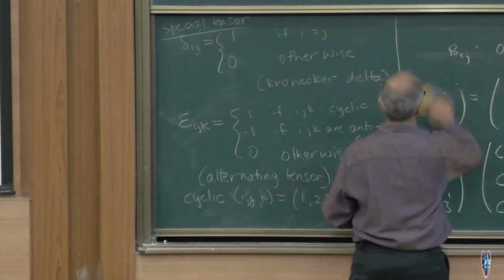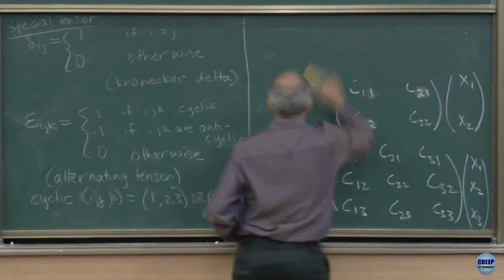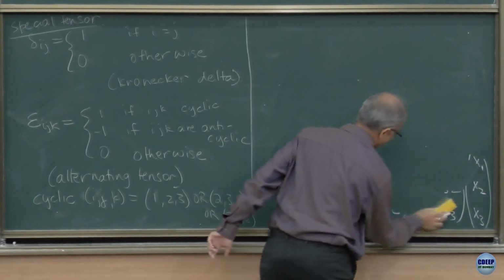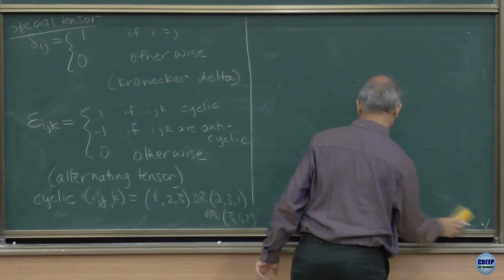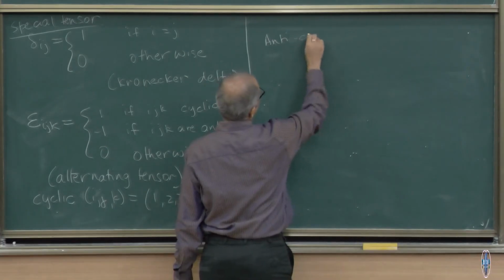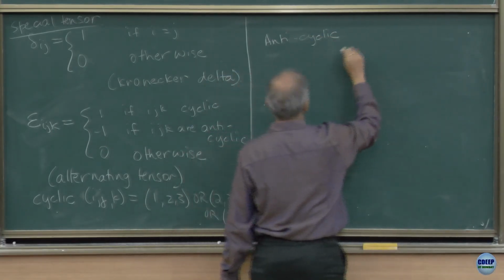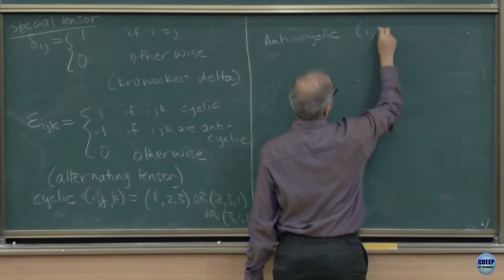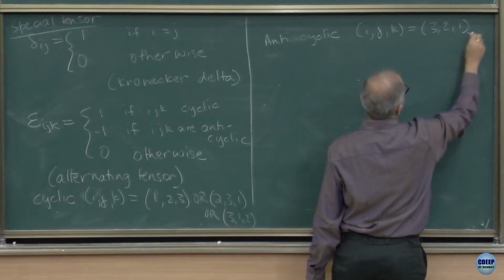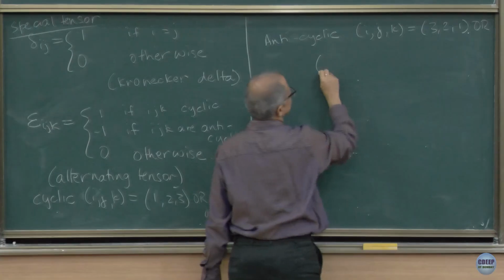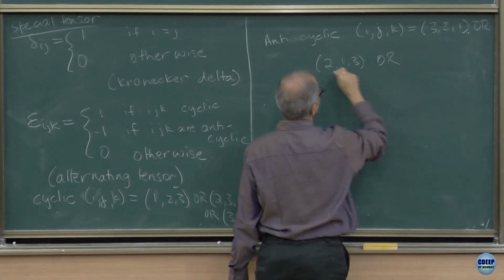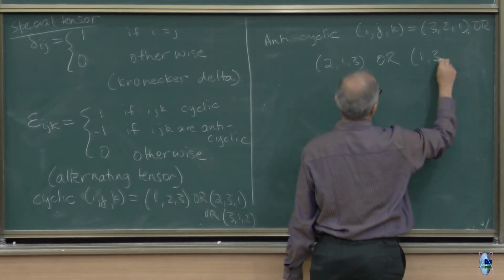Similarly, if I look at anticyclic, I start off with 3, 2, 1 instead of 1, 2, 3, and repeat this exercise. So in anticyclic, ijk will appear as 3, 2, 1, and then taking the first term to the back I get 2, 1, 3, and then again I get 1, 3, 2.